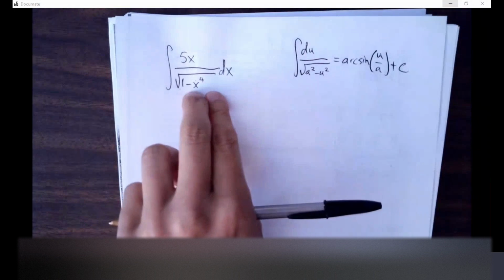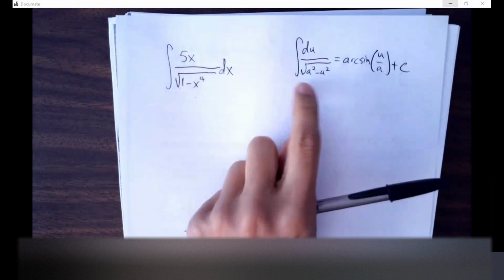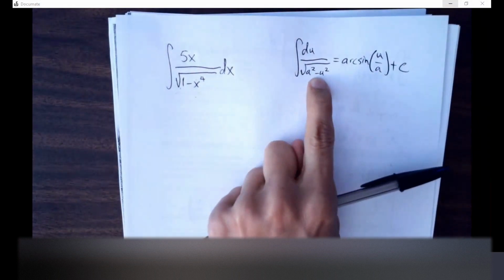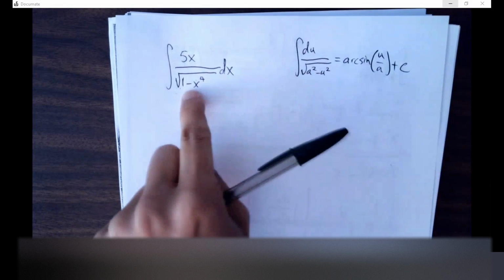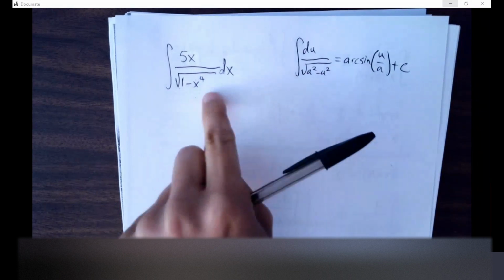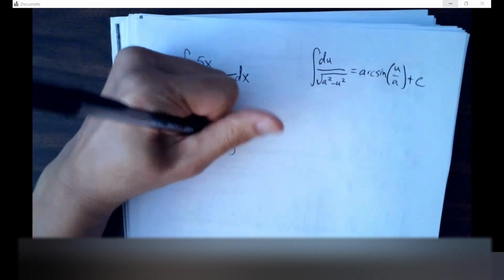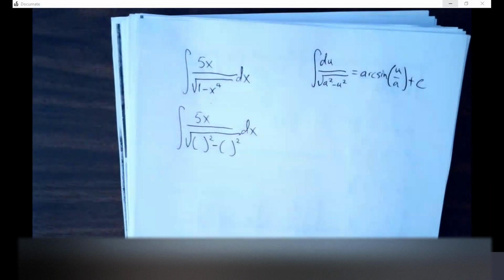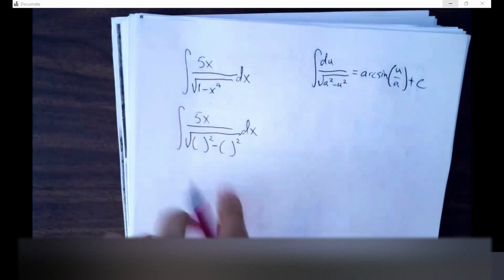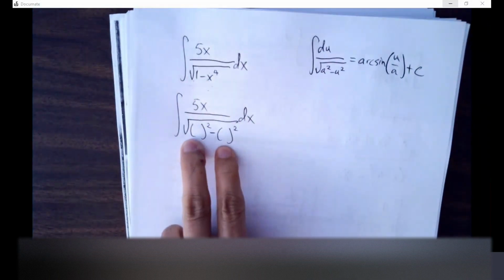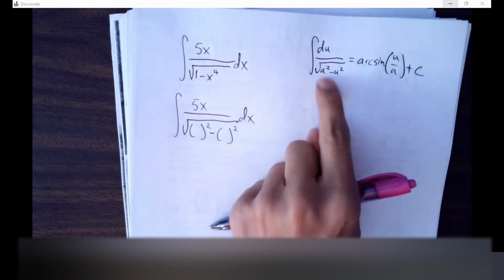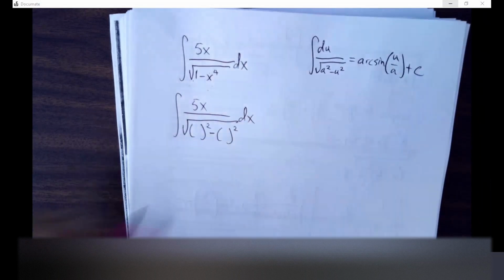So it looks like we don't have to complete the square. We only have 2 terms, so as long as we can get parentheses squared to show up, we can isolate and find our a and u value. So I want to force these expressions into the parentheses so that I can clearly identify my a and u value.